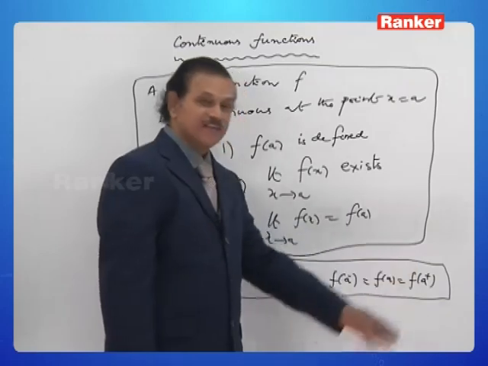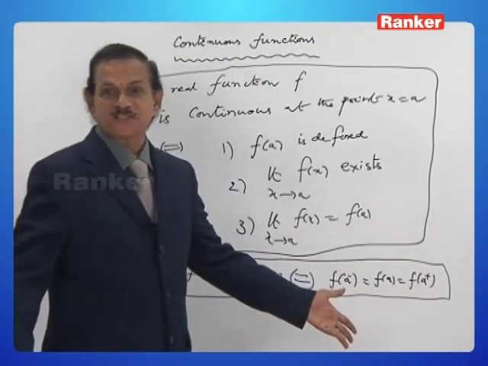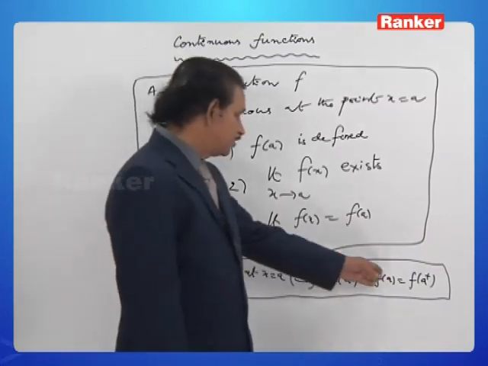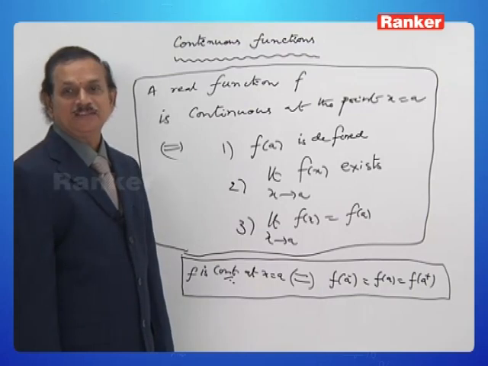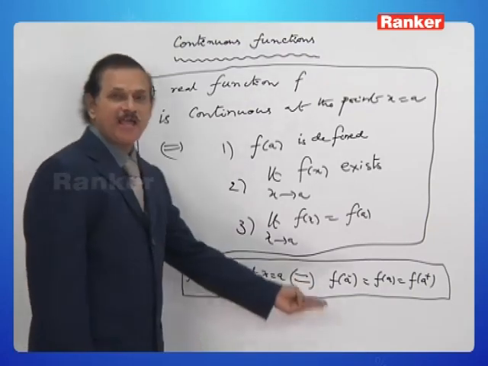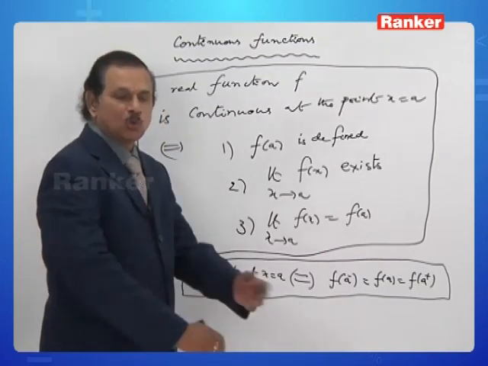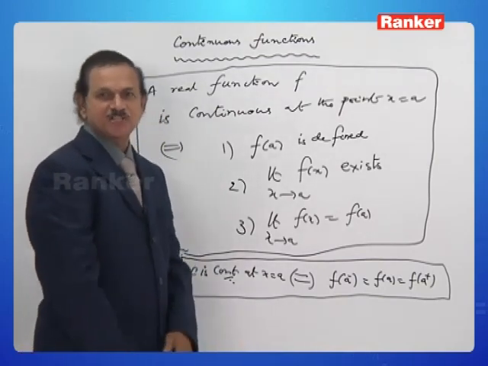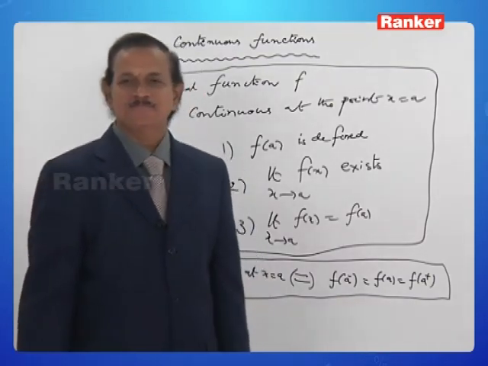Is equal to is there. It does mean that limit as x tends to a of f of x exists. And it is equal to f of a. Third condition is also satisfied. Therefore, this is the brief way of stating the rule that must be satisfied by a function f to say that it is continuous at x is equal to a.